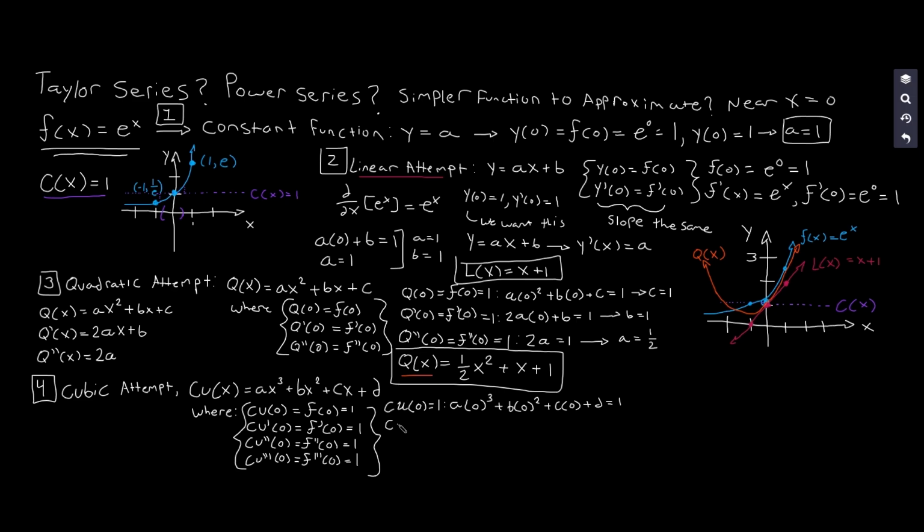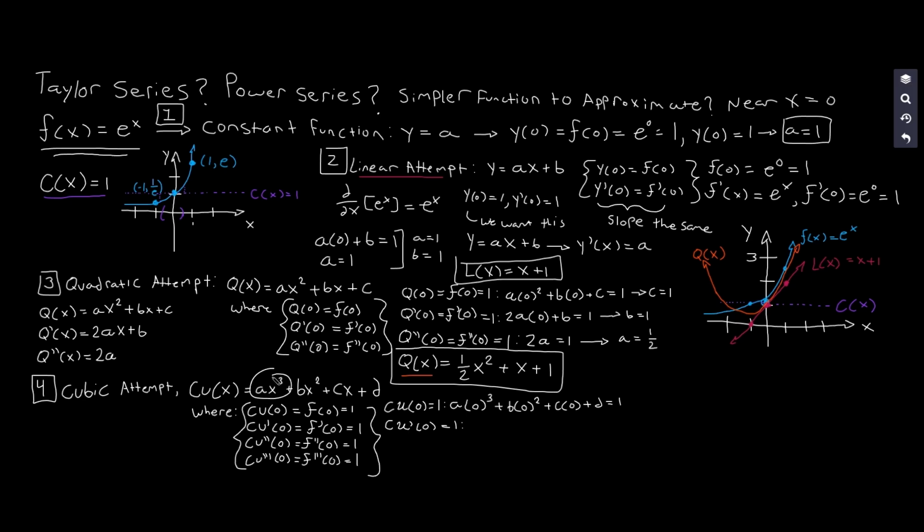Then we'll do the derivative, cu prime of 0, which we know equals 1. We're going to have to take the derivative. What's the derivative of this? Let's see.